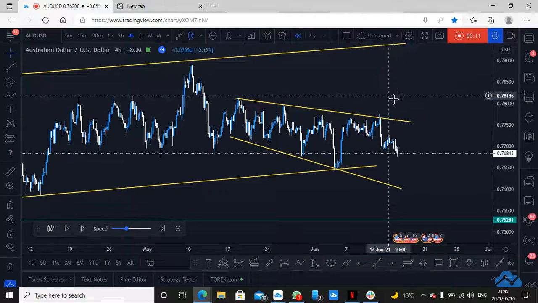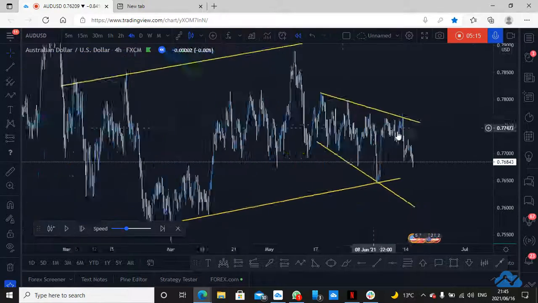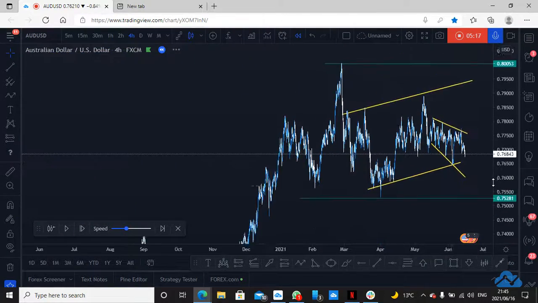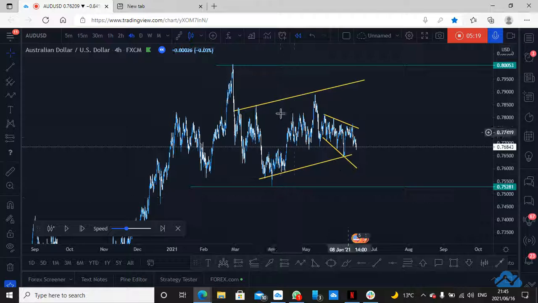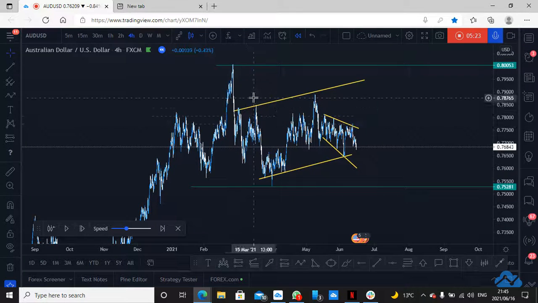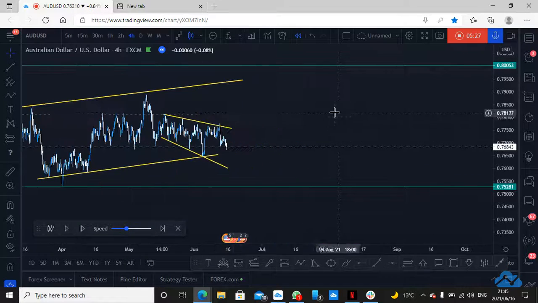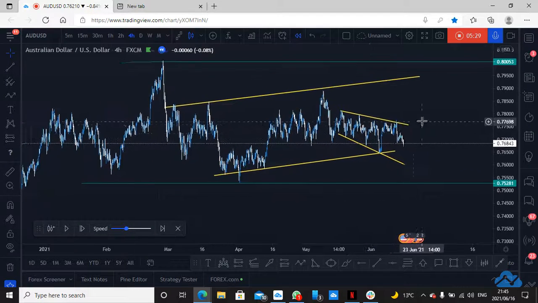Now we move to our most current price, right? Overall, you can see this is the structure we've had. And remember, within the same structure, there are patterns and structures within structures and within patterns as well.